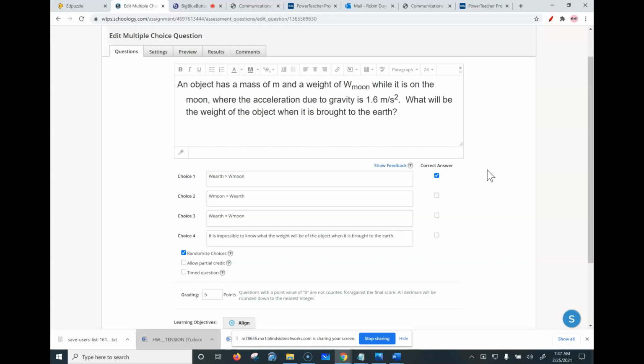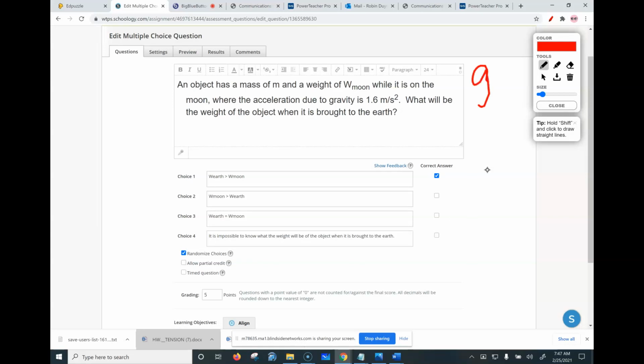So the acceleration due to gravity on the moon equals 1.6. What's ours? What's our acceleration due to gravity here on Earth? 9.8.